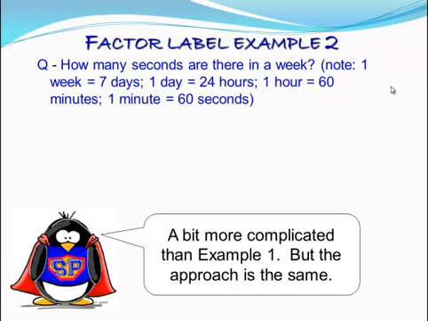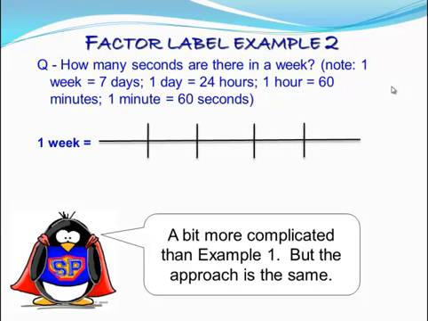So a little bit more complicated than example number 1, but the approach is the same. You start with 1 week, and now you start drawing those bars. You're drawing a long line and dividing it into compartments with those vertical lines.